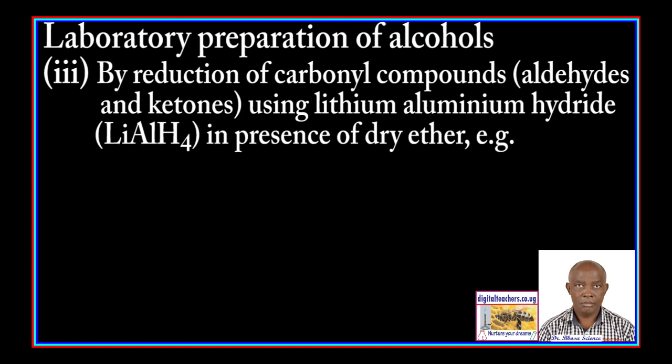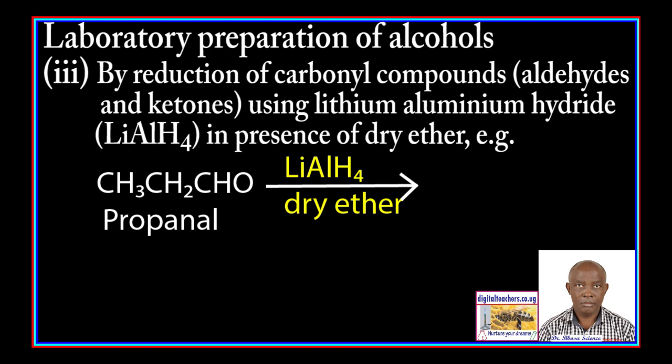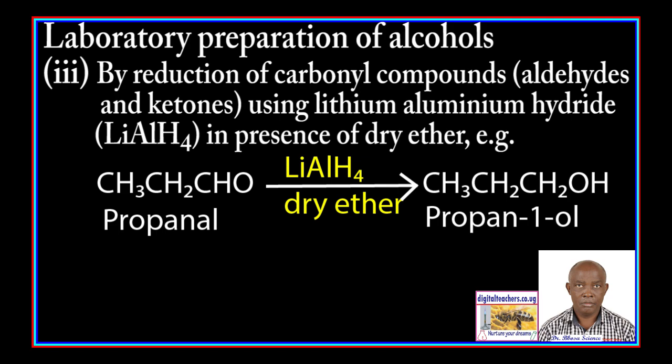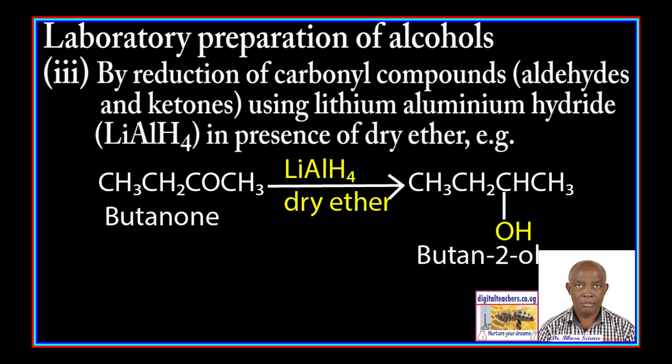3. By reduction of carbonyl compounds using lithium aluminium hydride in the presence of dry ether. For example, propanal is reduced by lithium aluminium hydride in dry ether to form propan-1-ol. Butanone is reduced by lithium aluminium hydride in the presence of dry ether to form butan-2-ol. 4.